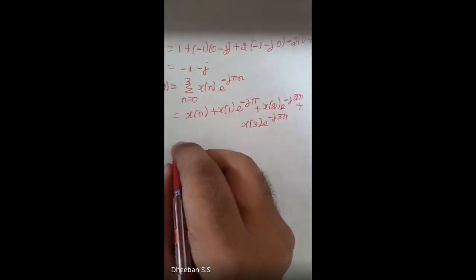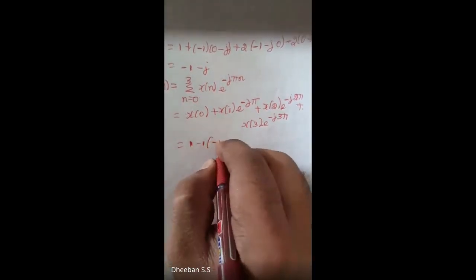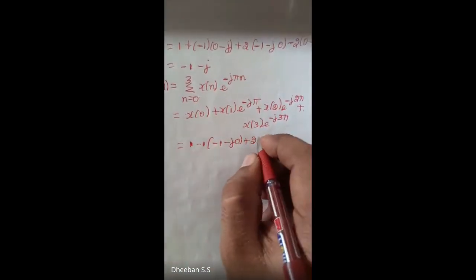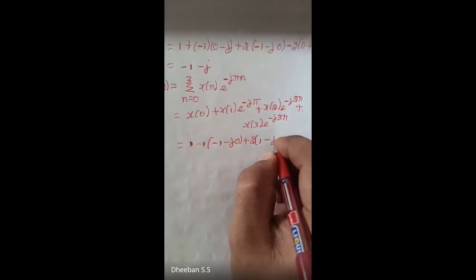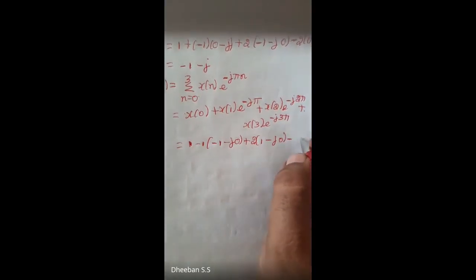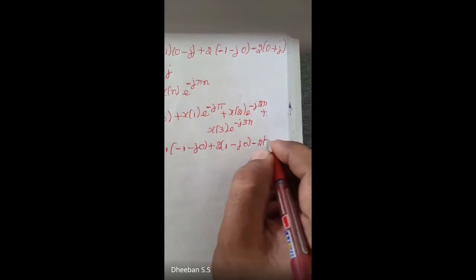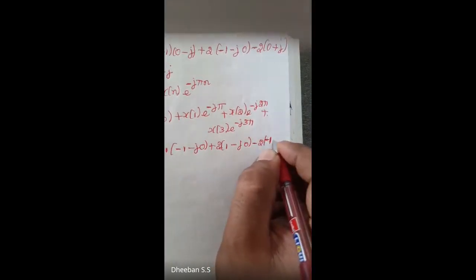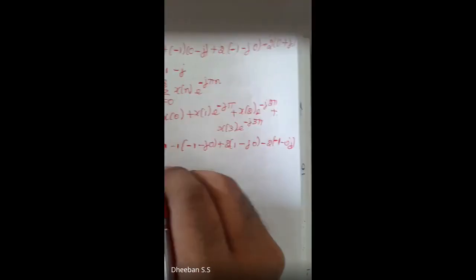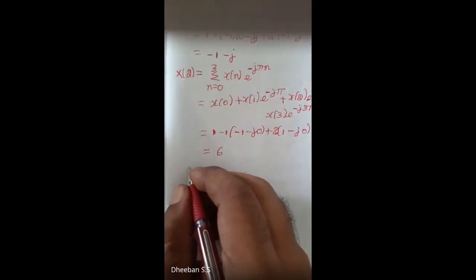Okay, so now we substitute the value. You'll be getting 1 minus 1 into minus 1 minus j into 0, plus 2 into 1 minus j into 0, minus 2 into 1 minus, then minus 1 into minus 0 j. So you'll be getting the value as 6. So this is X of 2.